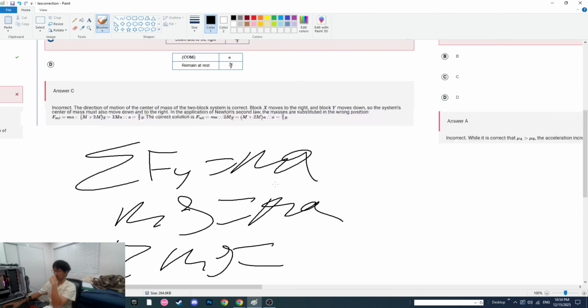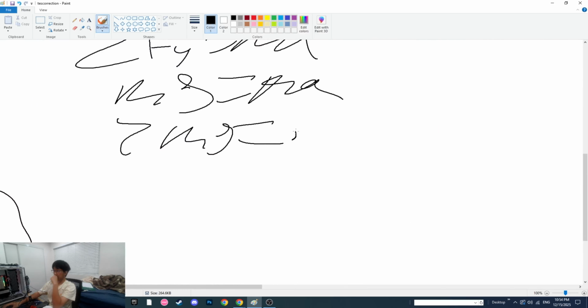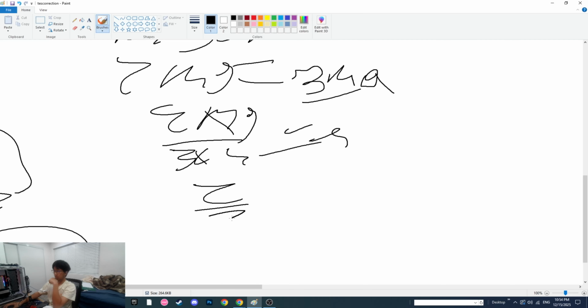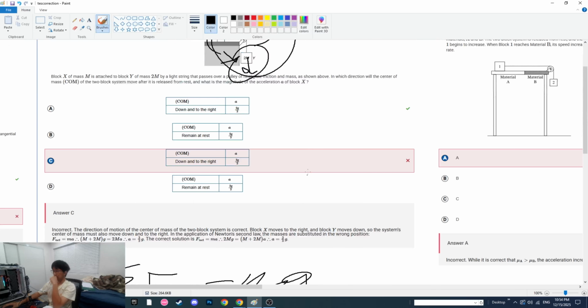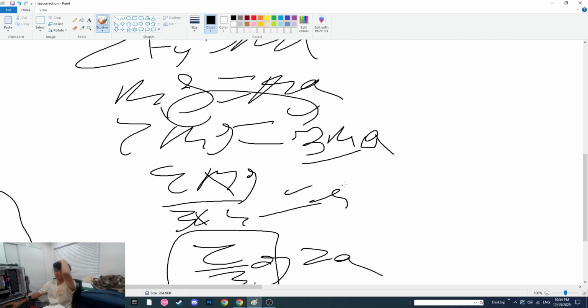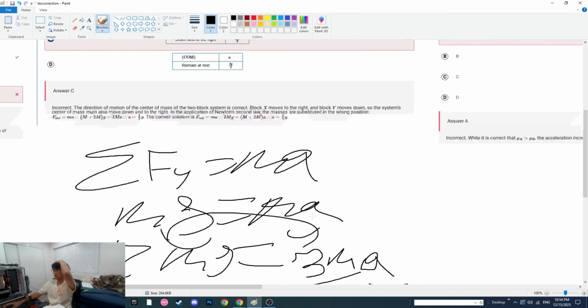G equals the mass of the system, just 3m, times a, and we're solving for a, so we divide this over, and then cancel out the m's, and we get 2/3 g. And the thing I did wrong, I think I probably swapped these two numbers, and I got 3/2 g.